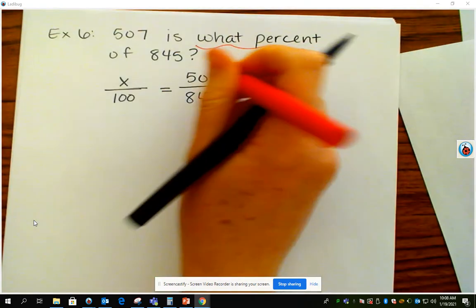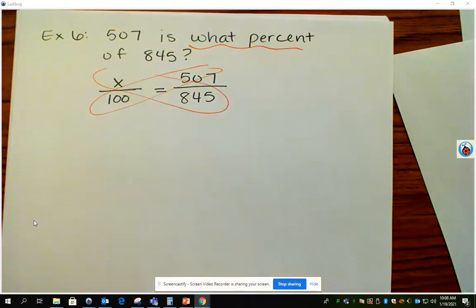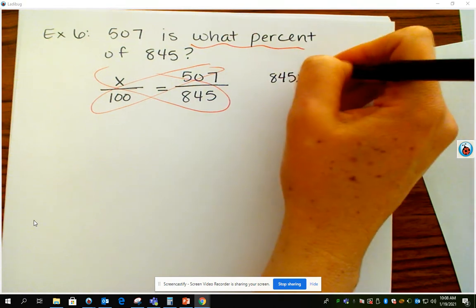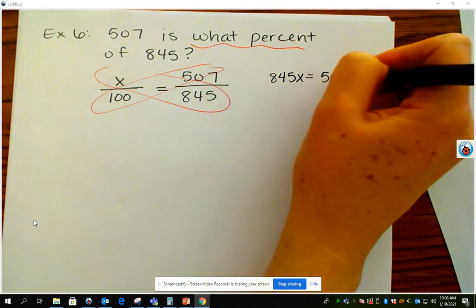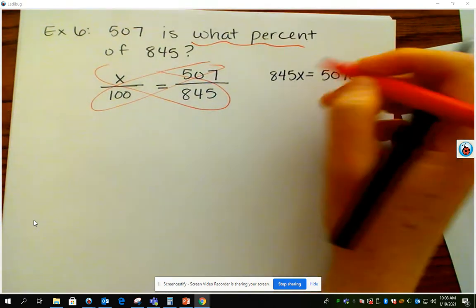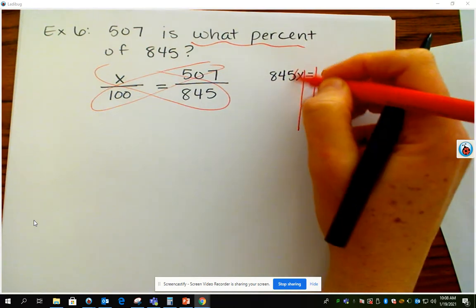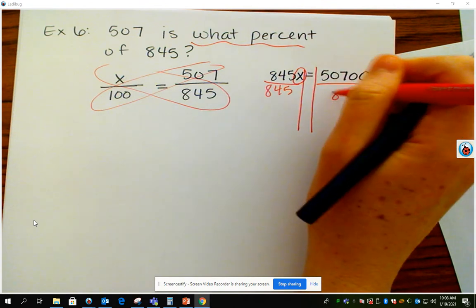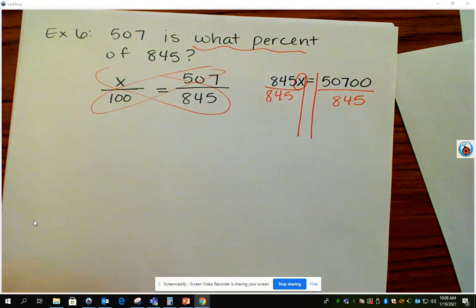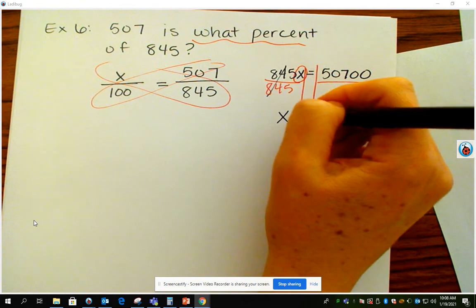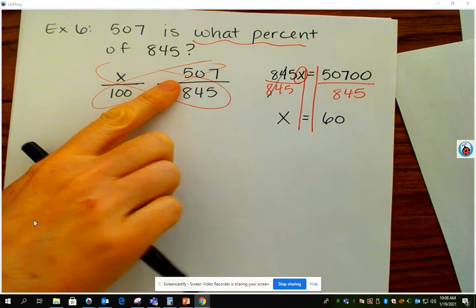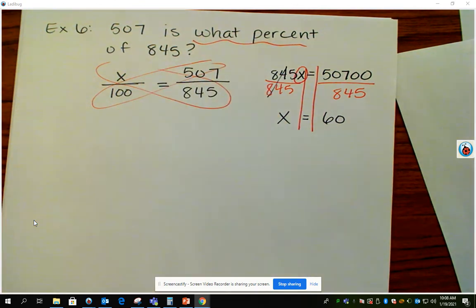Okay, then cross multiply. We've got 845 times x equals 507 times 100. Solve for x by dividing by 845. So now x will equal 60. So 507 is 60% of 845.